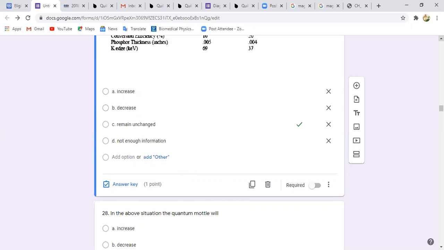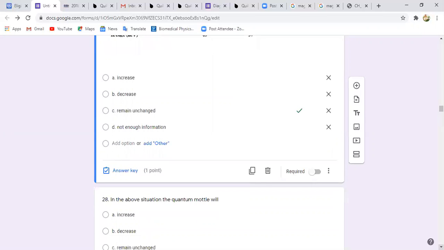What will happen to the quantum noise, to the noise of the system? Decrease? Decrease. Okay, let's see.